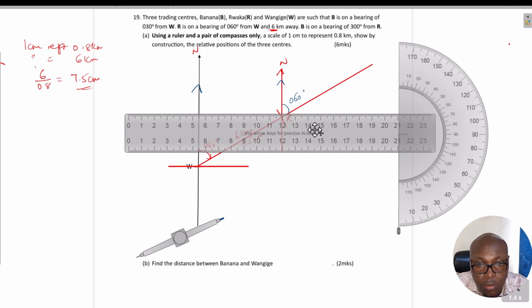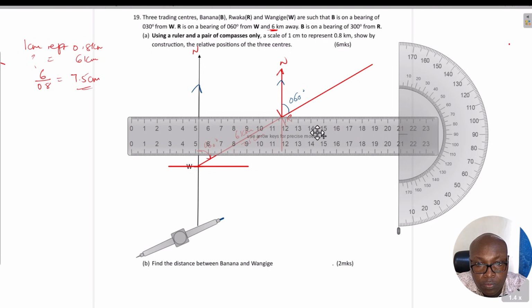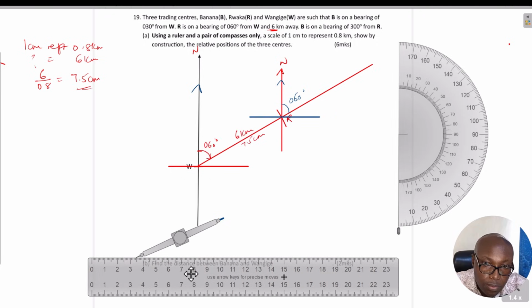I can use a ruler. So this is what you're supposed to do.